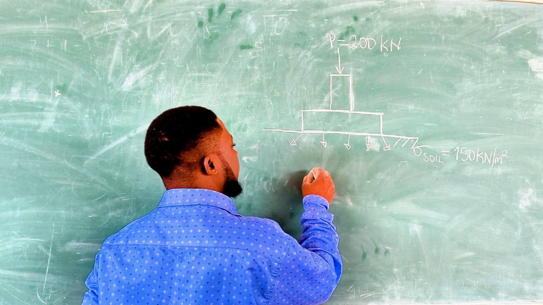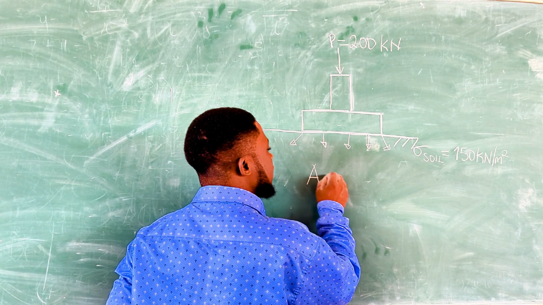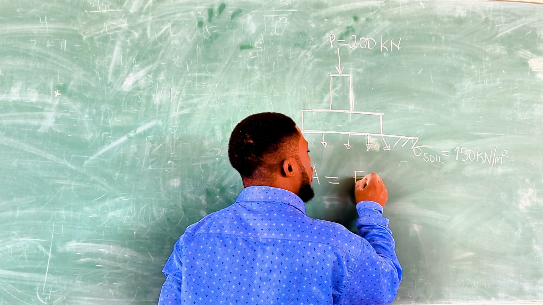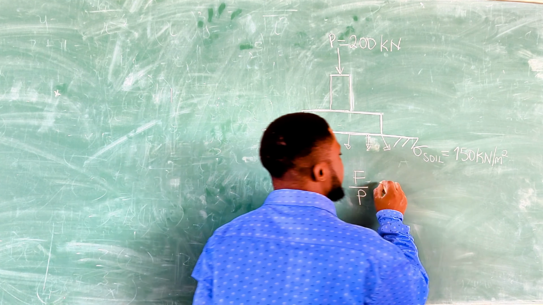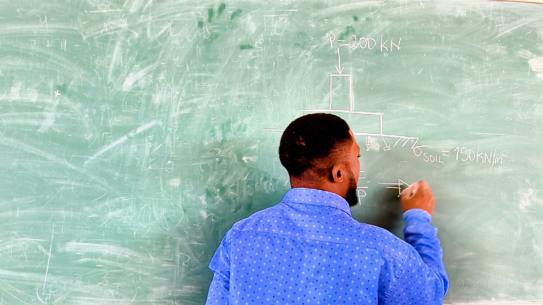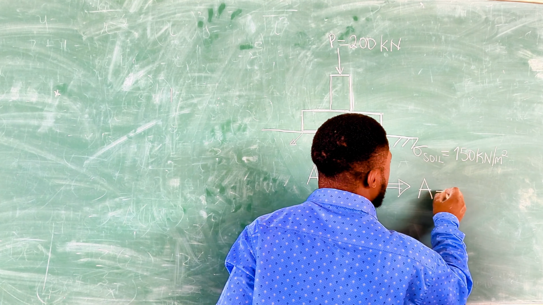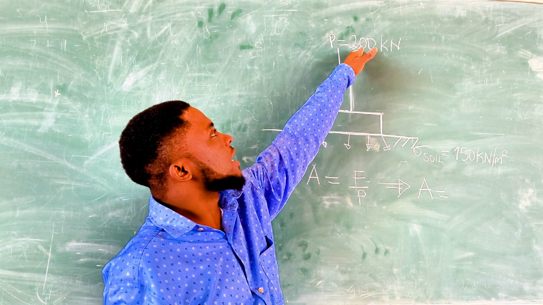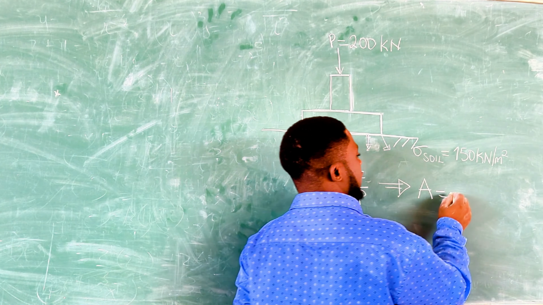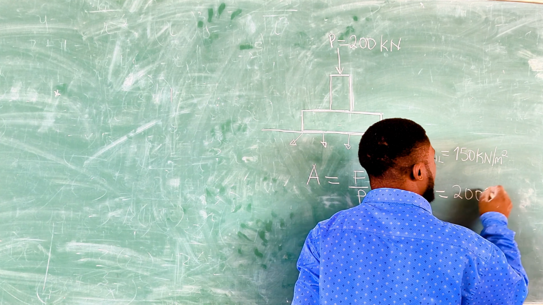But we know that area is equal to force over pressure, which implies that our area is going to be equal to the force that's been given in this building as 200 kilonewton.